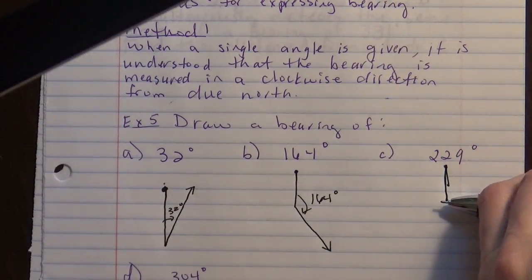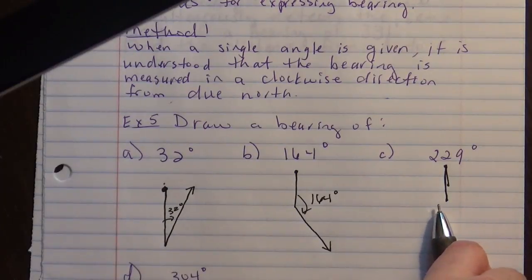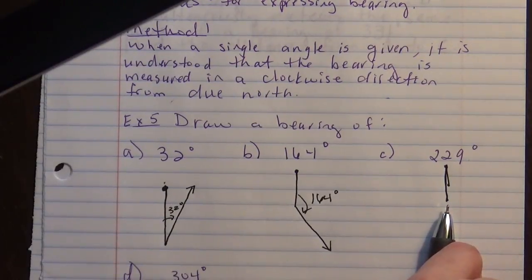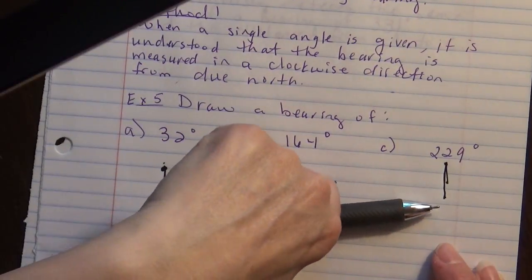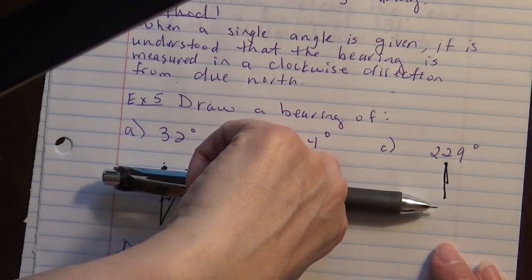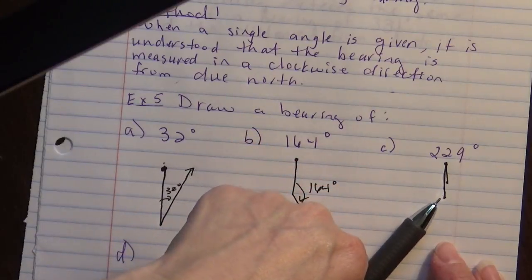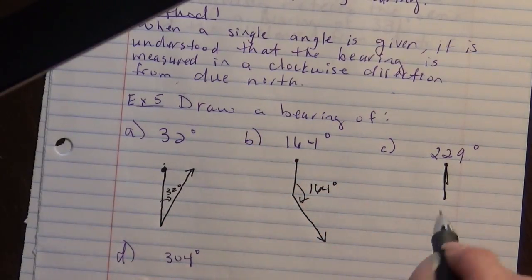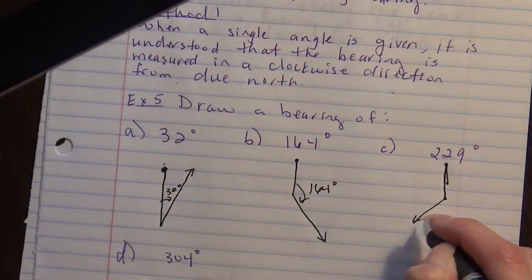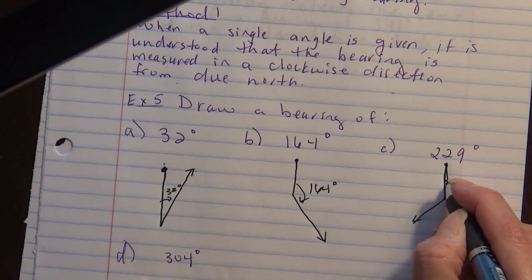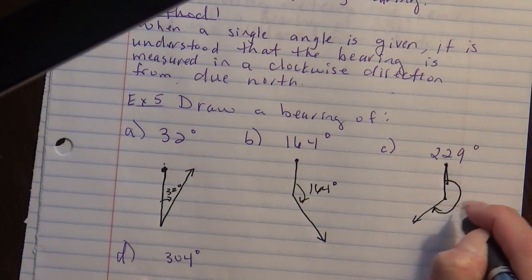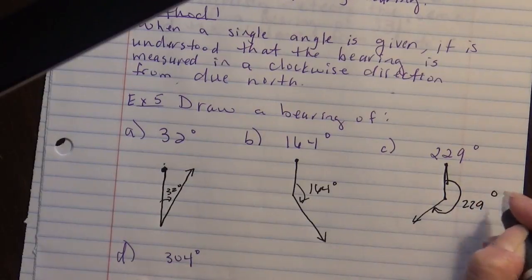This is 90 degrees, this is 180 degrees, and if we got this far, we would have 270. That would be too far. So we're going to be somewhere in here, between 180 and 270, like this. Our angle was measured all the way around this way. That's 229 degrees.